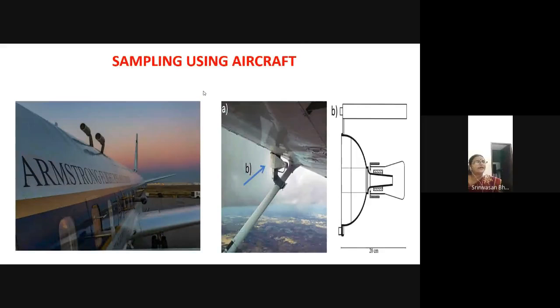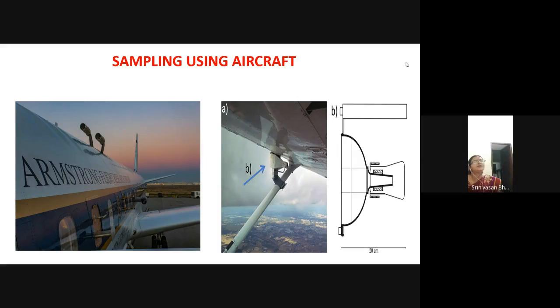Then sampling through aircraft. In this, you can see the normal aircraft, which is a passenger plane, or you can see the sampling tube which is connected to this aircraft, and it samples the microorganisms present in the atmosphere. Here is a picture I have shown you.